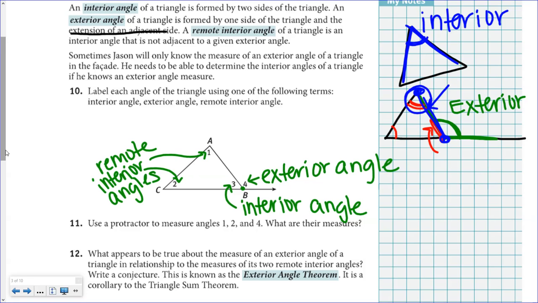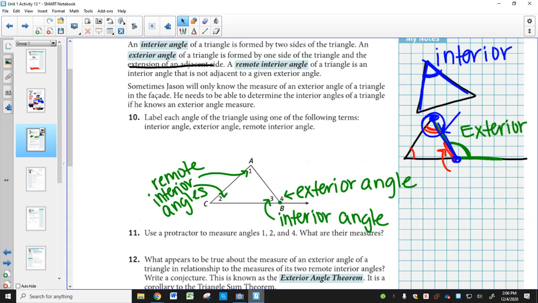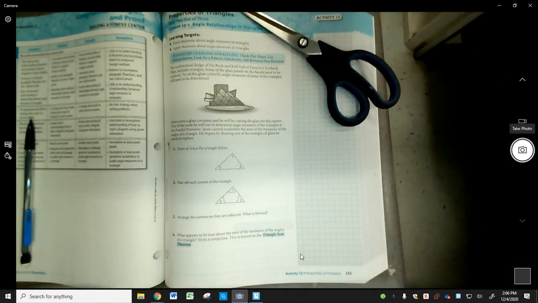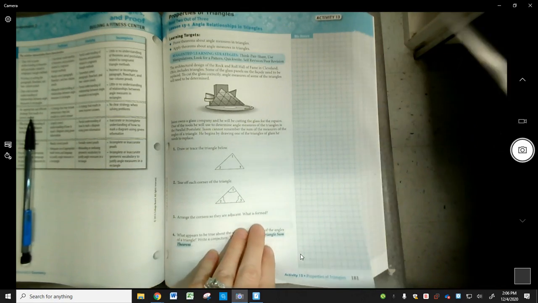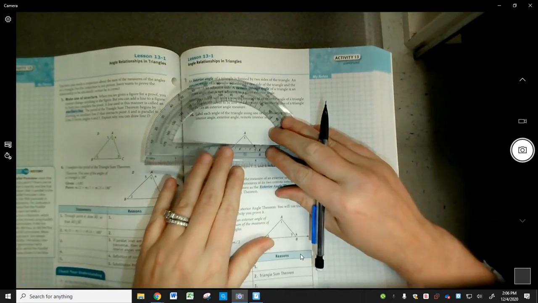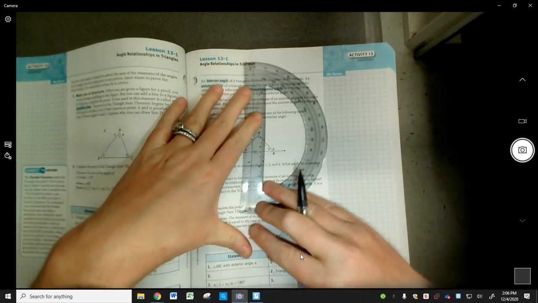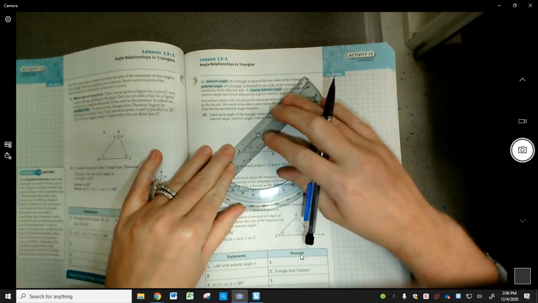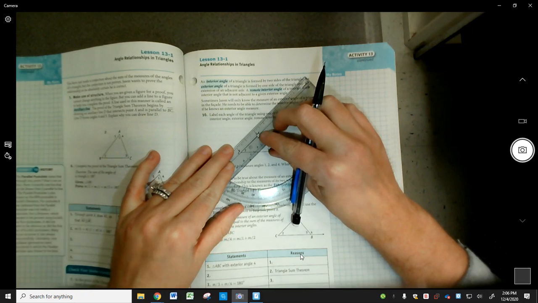So now we're going to use a protractor to measure angles 1, 2, and 4. When you're looking here, if we're going to start measuring angle 1, you want to make sure that you line up your protractor line and your vertex.